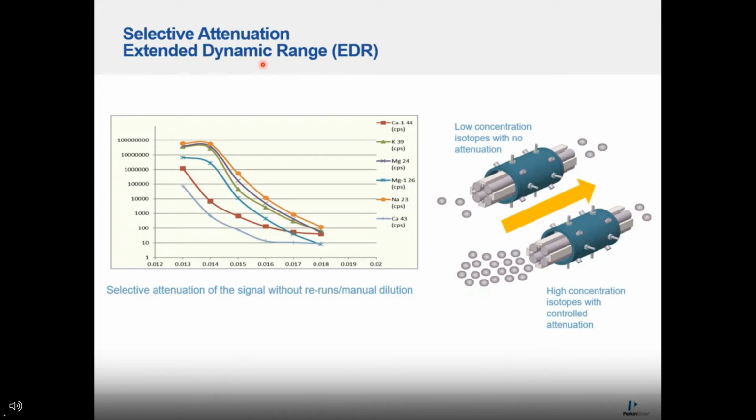The dynamic range of the detector is increased to more than 12 orders of magnitude without causing damage to the detectors and impacting their usage life. The selective attenuation or the extended dynamic range can be extremely useful for coastal waters and is unique to quadrupole-based cells, analyzing both high and low concentrations of analytes within a single analysis run.